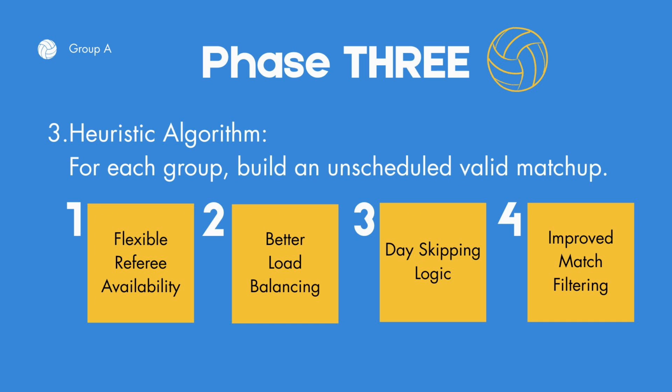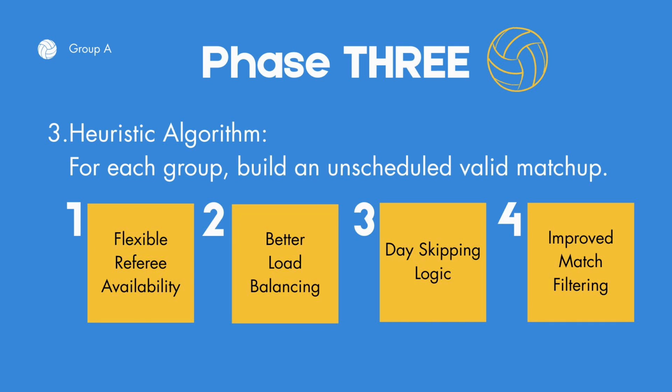If no referee with full availability is free, it considers those with partial availability too. That helps reduce unscheduled matches. Second, it balances referee workloads better. We always choose the referee who has officiated the fewest matches so far, regardless of availability level.